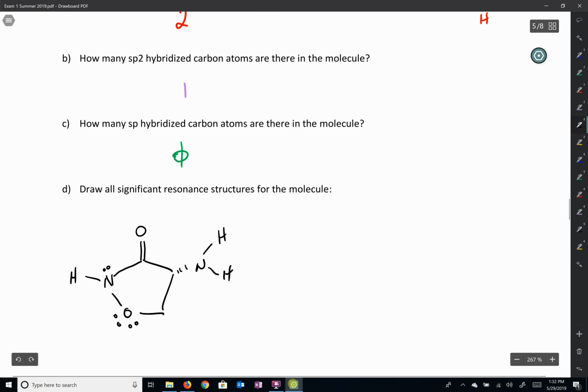Now, to draw a resonance structure, we're looking for lone pairs next to open orbitals, lone pairs next to pi bonds. The only thing we can do, this is the only place where a lone pair is next door to a pi bond. So our answer for the resonance structure is going to look like this.